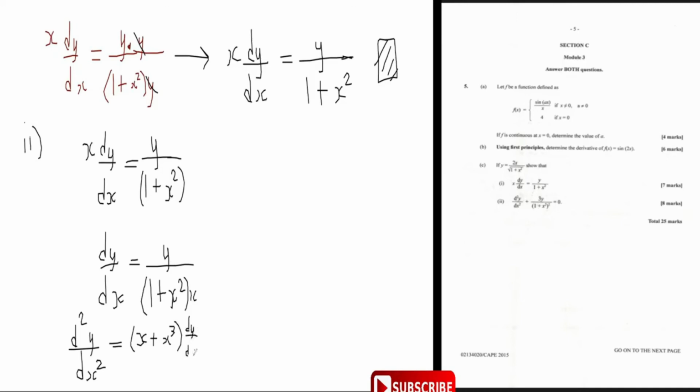And we already know what dy by dx is. It's in this line, minus the top, which is y, times the differential of the bottom. When you differentiate the bottom, you are differentiating x plus x cubed. When you differentiate x, you get 1. When you differentiate x cubed, you get 3x squared. And this is all over the bottom squared.